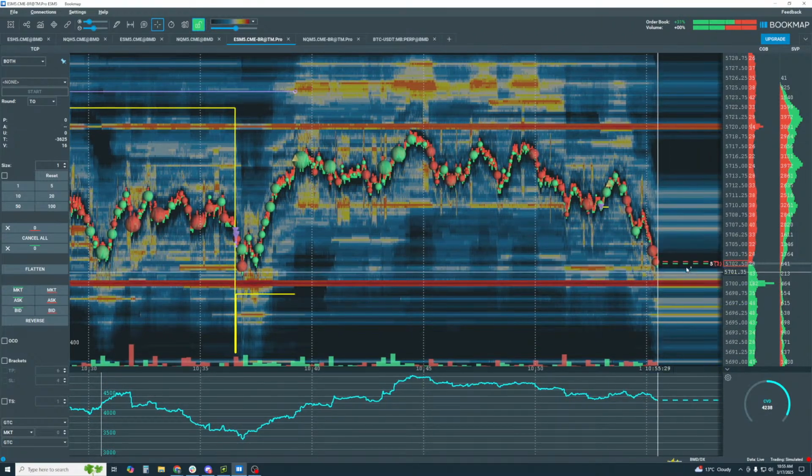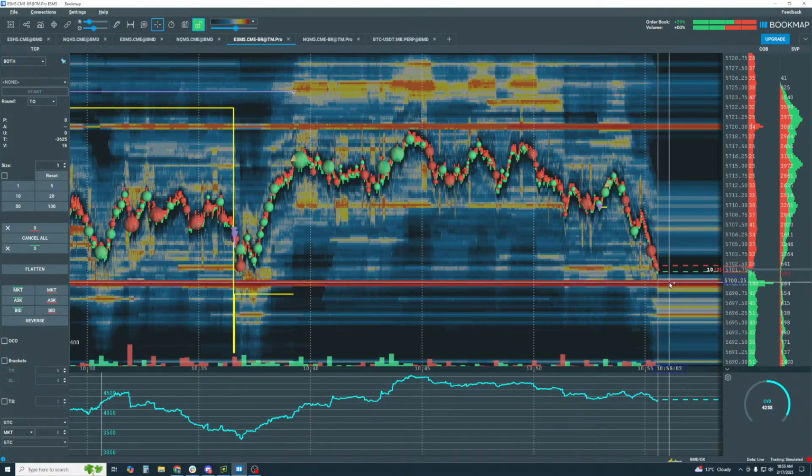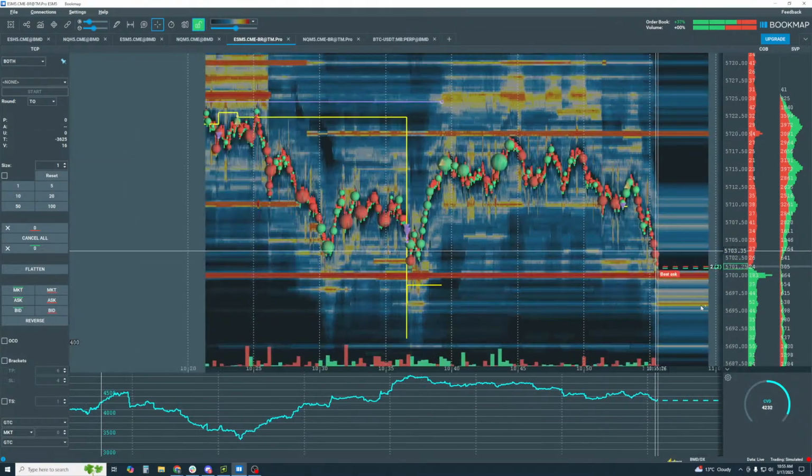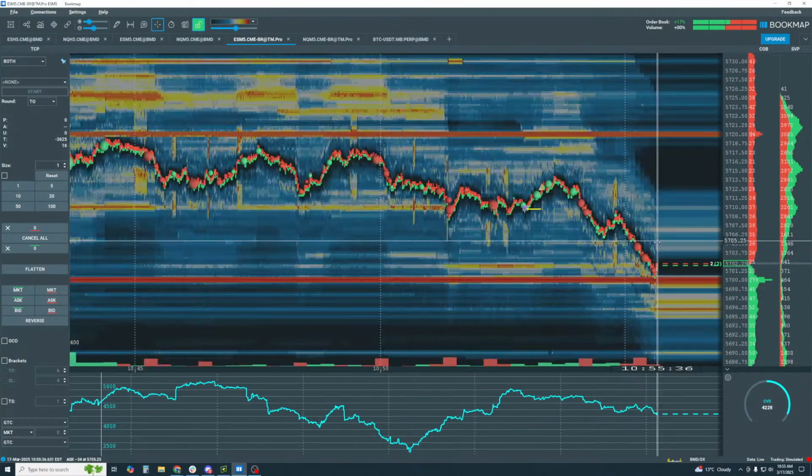Okay, so the very high probability is that it's going to hit the 57 figure here and trade through it, I think. But we'll see.